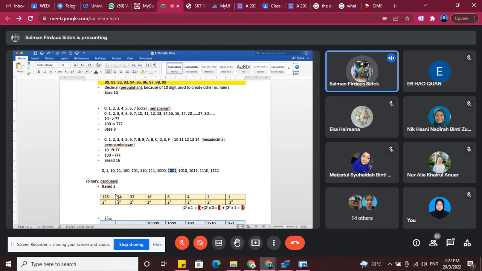Then 8 plus 1. This one is 8 plus 2, which is 10, and 8 plus 2 plus 1 is 11. Then 8 plus 4 plus 2 is 12, and 8 plus 4 plus 2 plus 1. Wait, there is a mistake here. 8, 9, 10, 11. 12 is 1, 1, 0, 0.